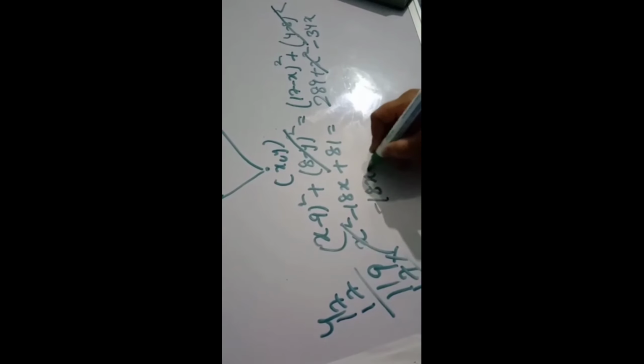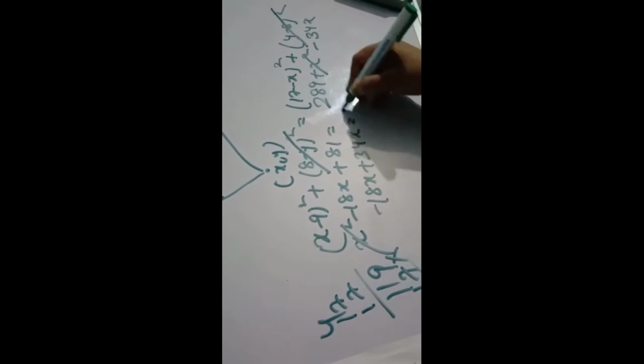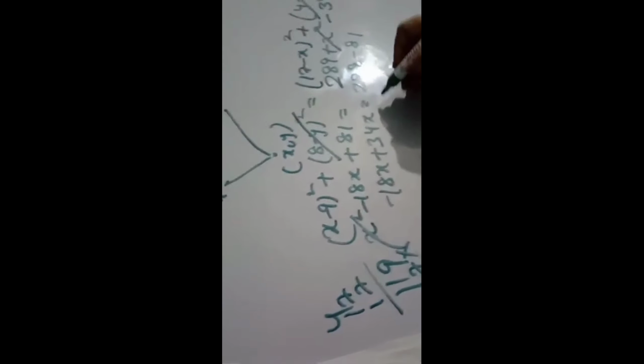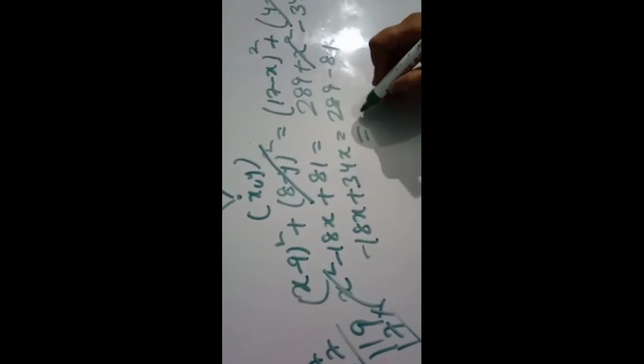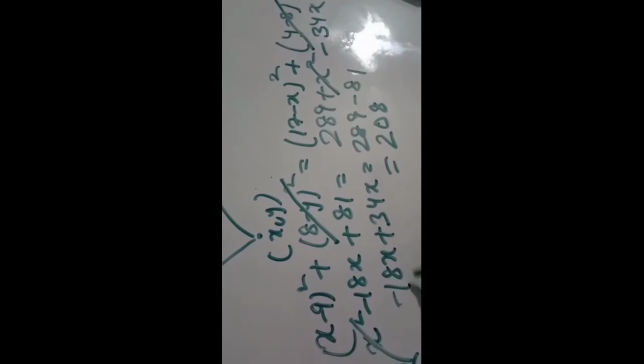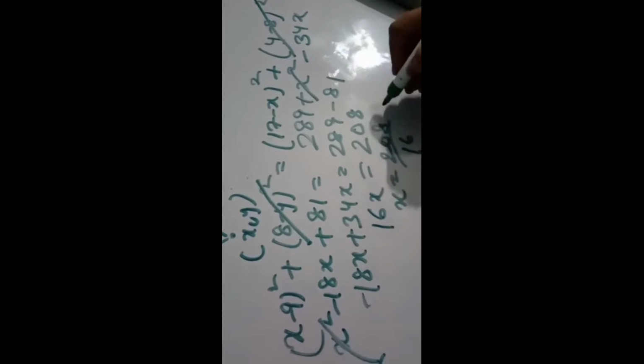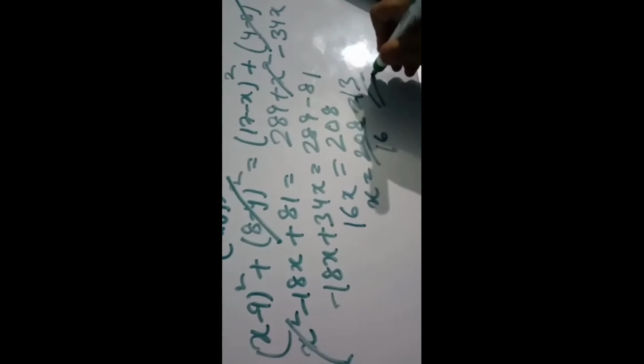Minus 18x plus 34x is equal to 289 minus 81. Now you will solve 289 minus 81, you will get 208. And 34 minus 18 you will get 16, so 16x equals 208. When you divide, you will get the x value 13. So x minus 13 equal to 0 is the answer.